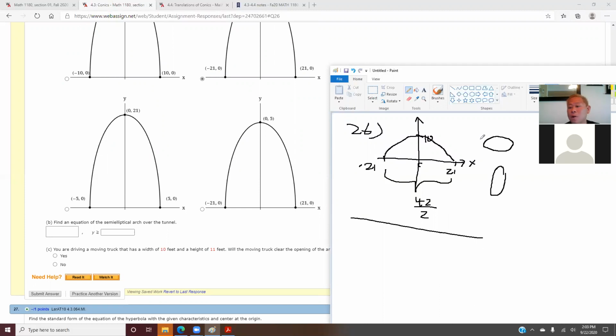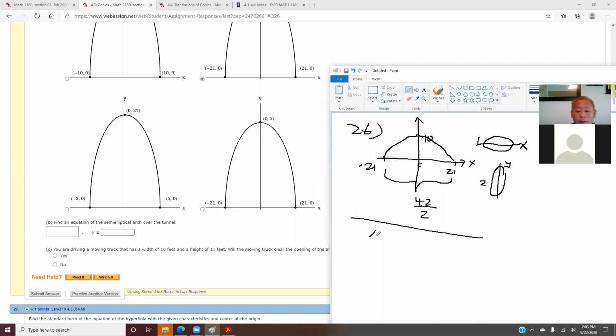Is that the first one that goes sideways on the x-axis, or is it going to go up and down on the y-axis? This is going to be the first one. How do we know it's the first one? Because this is longer than that. If your x is longer than your y, it's going to be the first one.